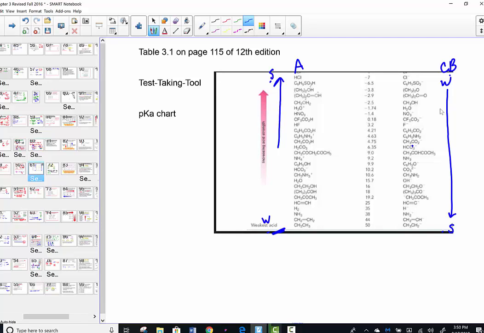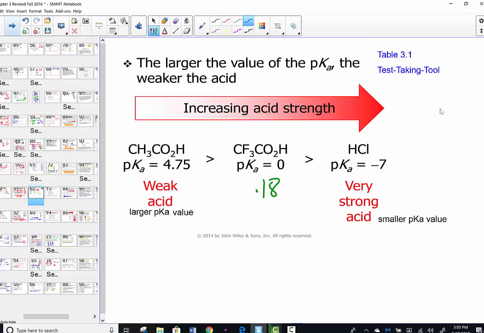So you see an increase in acid strength from bottom to top, but an increase in base strength from top to bottom. Just make sure you see this chart and spend some quality time with it. You'll be looking at it to find Kas. Again, just to repeat, table 3.1, page 115, you need a print. You can Google that pKa chart, or you can use the one that I've attached to our Canvas site and print that.